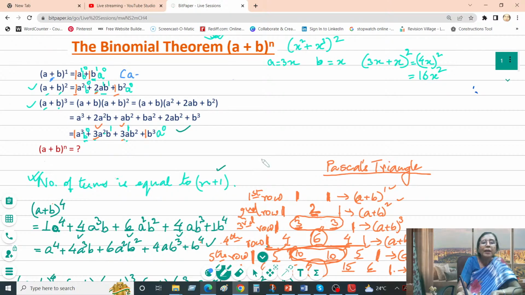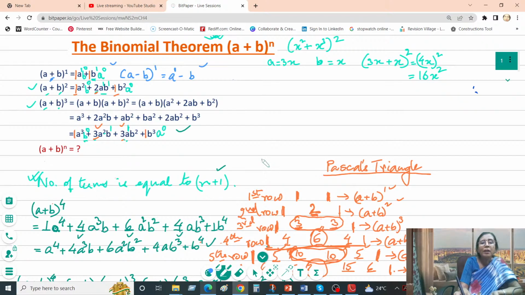For a minus b raised to the power of 1, it is simply a minus b. So you see there are 2 terms. Previously you were having 2 terms, even now you are having 2 terms. Previously the first term was starting with a, even now the first term is starting with a. The power of a is equal to the value of n.